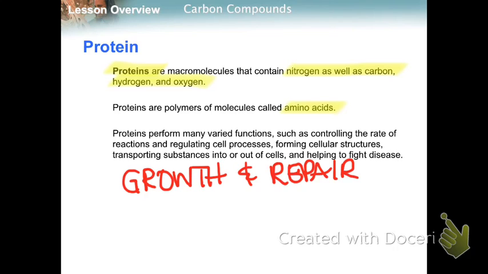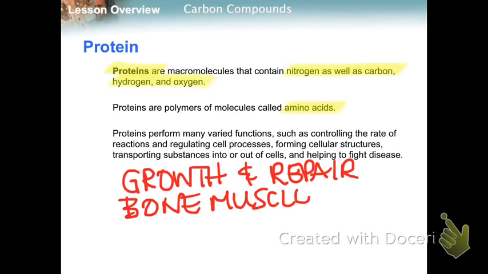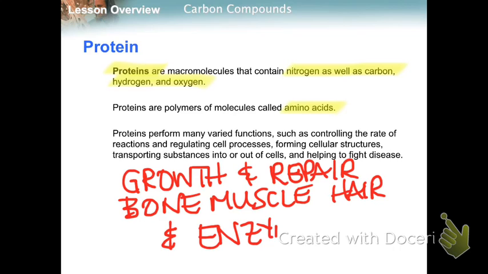Growth and repair, bone, muscle, hair. Those two rhyme. And then I have to tack on enzymes at the end. So, rate of reactions is the enzyme thing. Cellular structures, growth and repair, transporting substances into and out of cells, helping to fight disease.